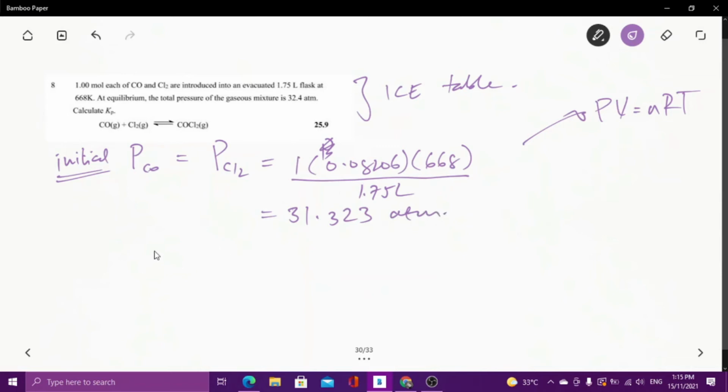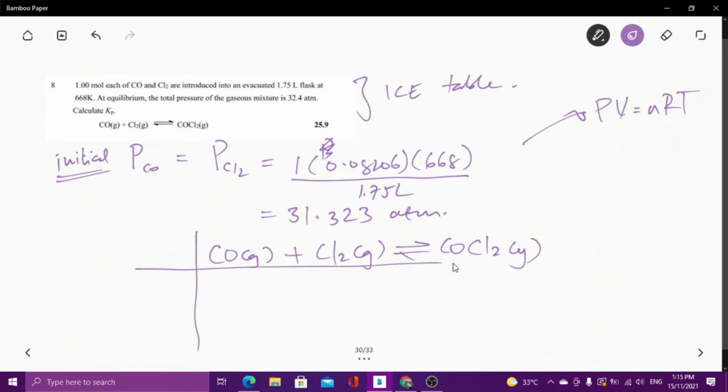Okay, so kita akan gunakan the equation CO gas plus Cl2 gas menjadi COCl2 gas. So in this part kita akan buat ICE table. So ICE table refers to I, so this one is the initial value.